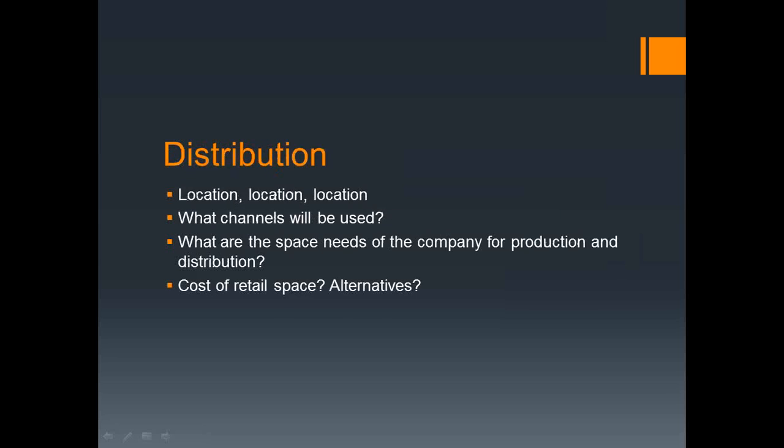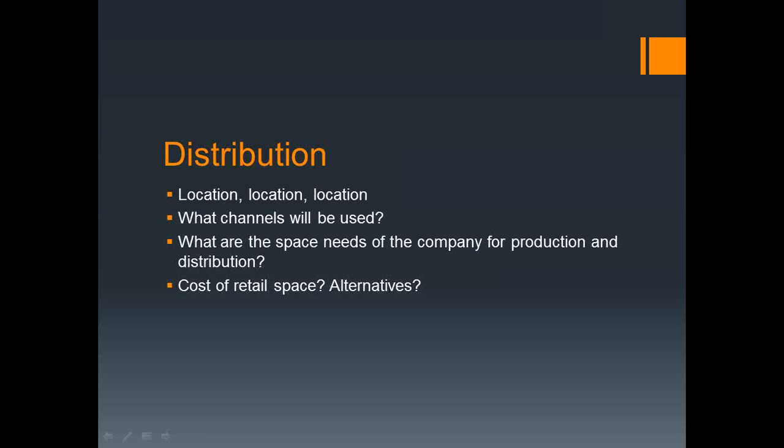Distribution. Well, everything's about location, location, location. However, location now might be on the internet, not on a street corner. So they really need to think about how their product will be distributed best.